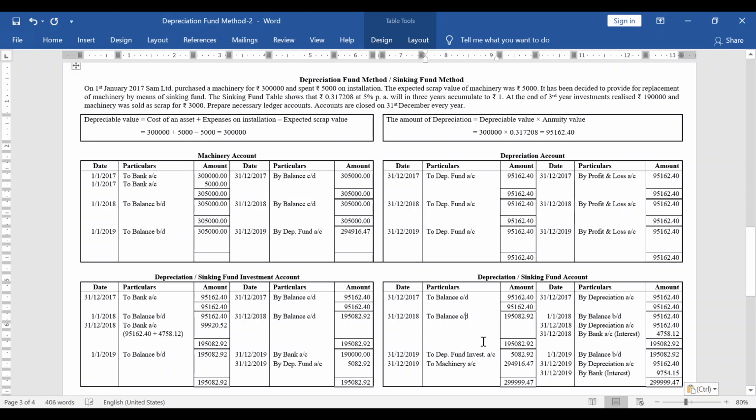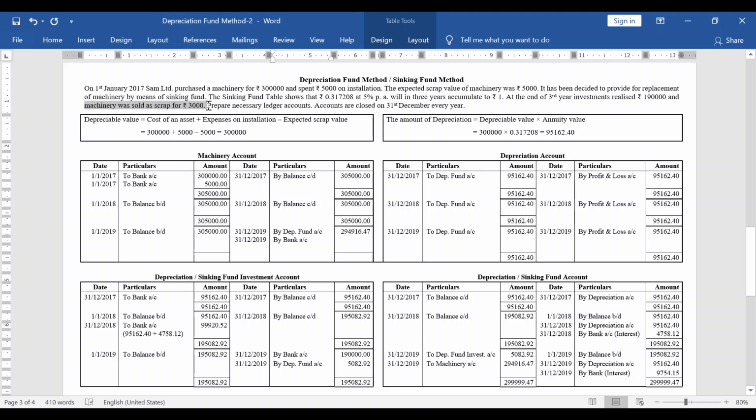Now once accumulated depreciation is transferred to machinery account, the depreciation fund account is closed. The next entry here is recorded as on 31st of December 2019, that is for sale of an asset as scrap. In this case, you are told that the asset is sold as scrap for rupees 3,000, that is machinery was sold as scrap for rupees 3,000.